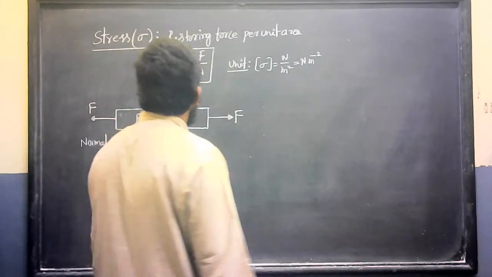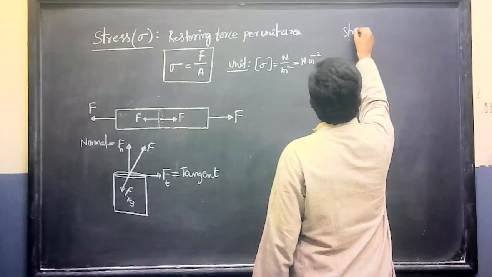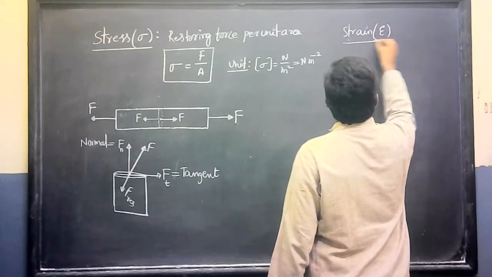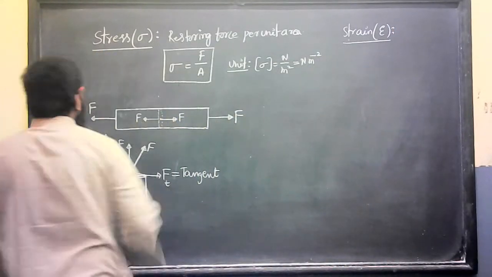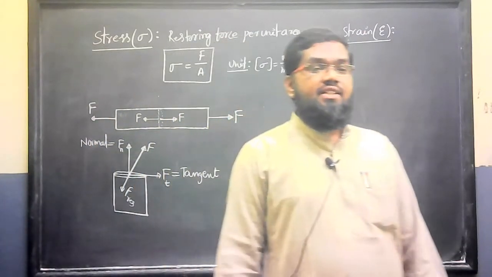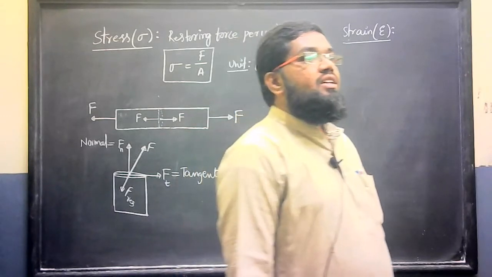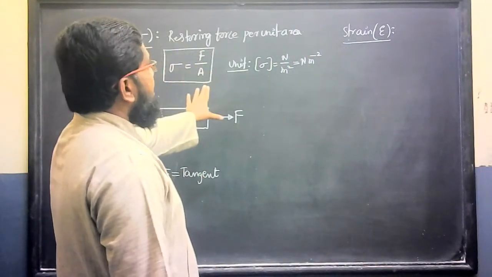Now let us define what is a strain. We'll define strain. Whenever there is a deforming force, what will happen? Definitely the object will be deformed. There may be a change in the size or a change in the shape. So stress is defined as restoring force per unit area.